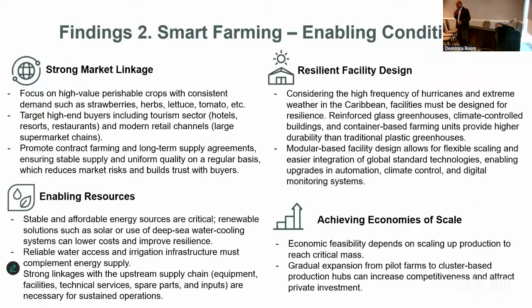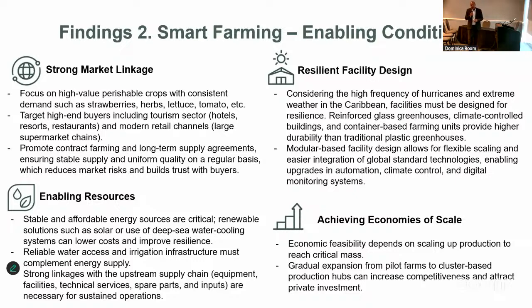Now, climate smart farming does require a fair amount of what you call enablers in order to be successful. This is not something you just jump head on into, because it will not be successful.